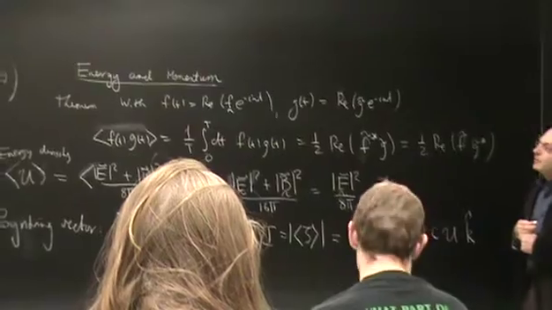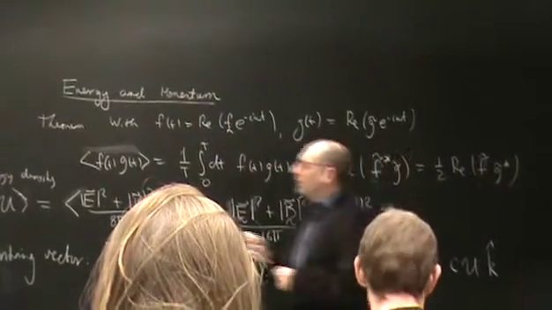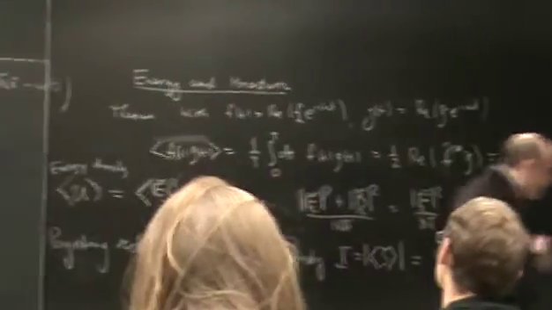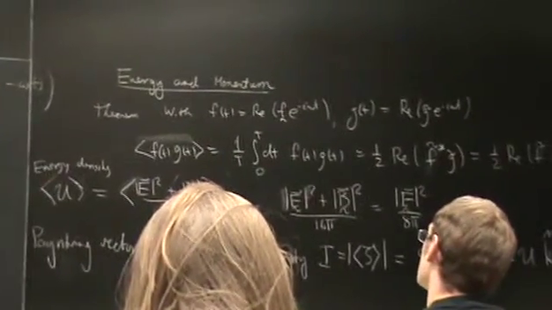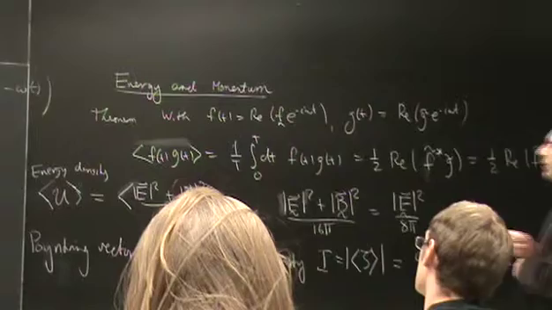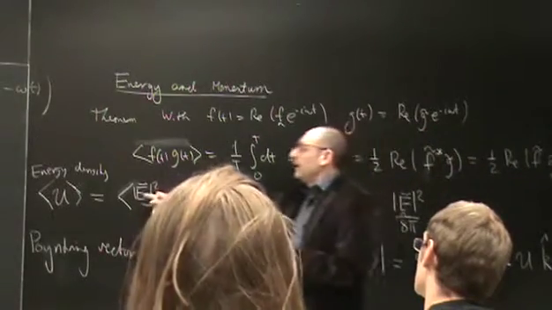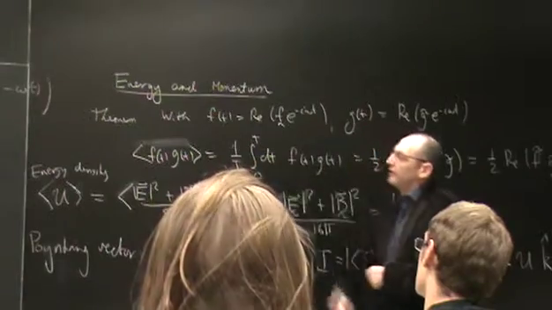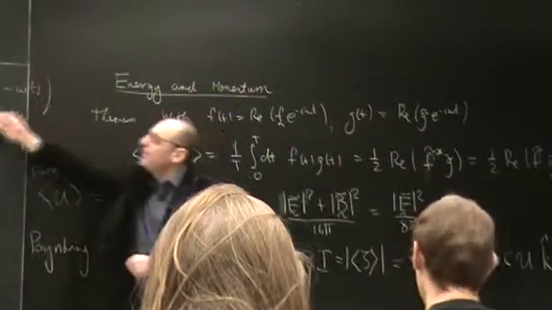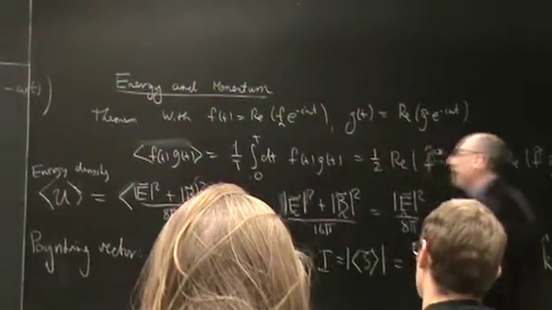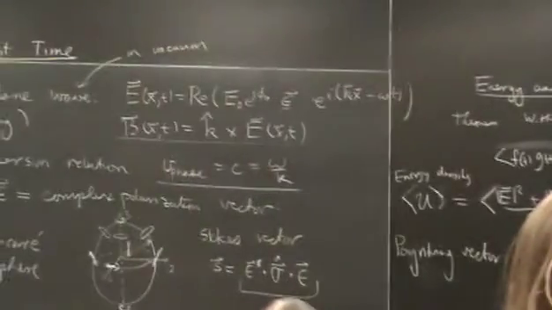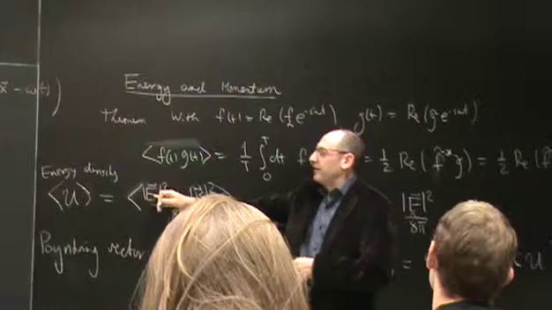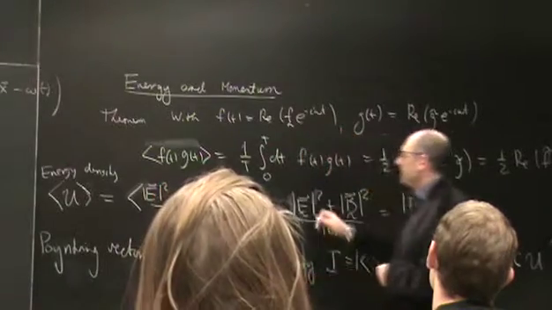From that, we were easily able to show that if I wanted to look at the energy density in the field for a plane wave, the general form of the energy density is E squared plus B squared over 8 pi, time average. Given these fields, using this formula, each one of these was 1/2 this times its complex conjugate.